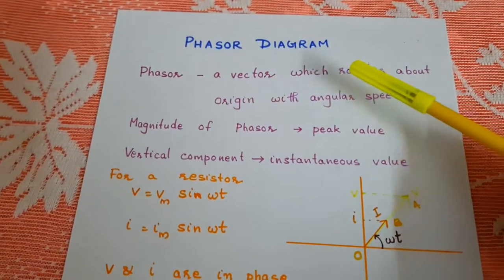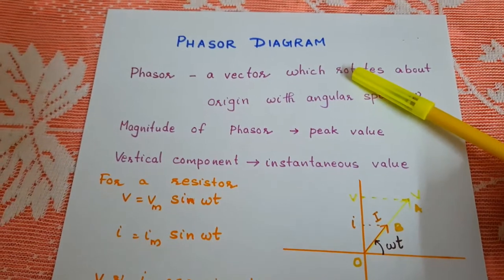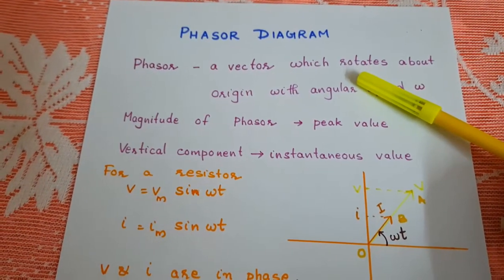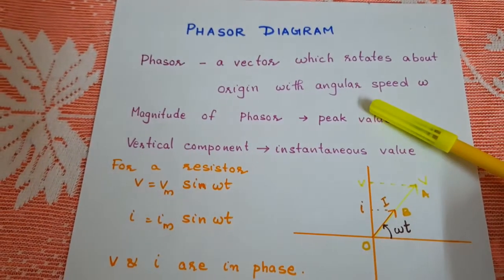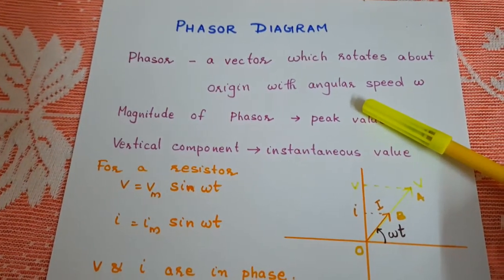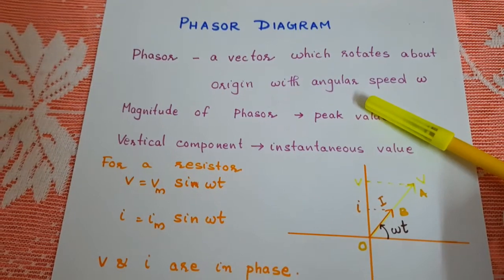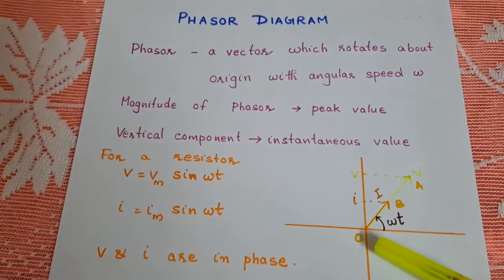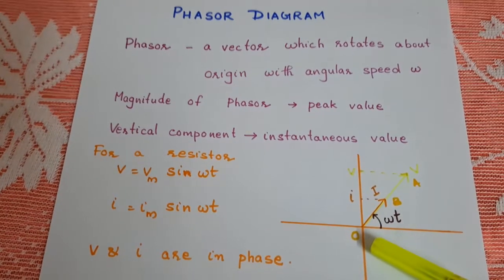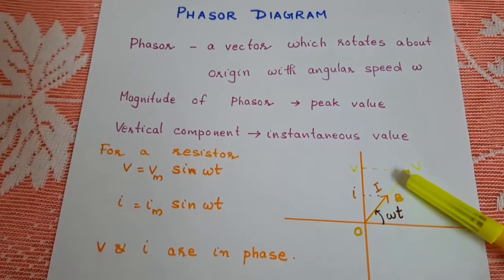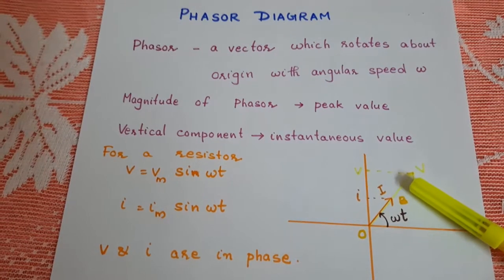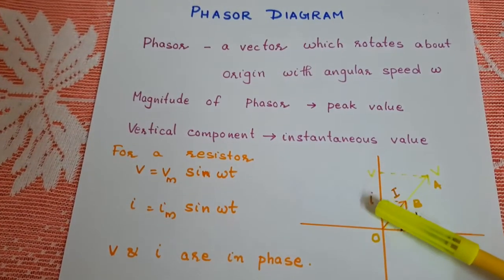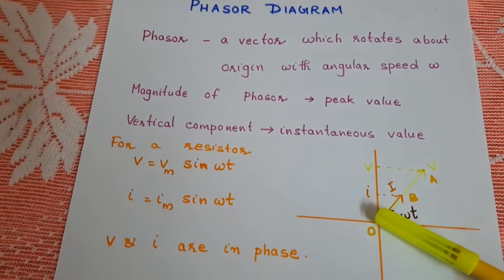Now let us see the phasor diagram. AC voltage and current have phase values, so they are treated as phasors. A phasor is a vector which rotates about the origin with angular speed omega. The magnitude of the phasor represents the peak value and the vertical component represents the instantaneous value.